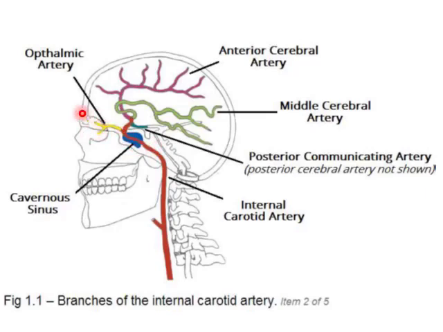We said that it supplies the orbit, the frontal and ethmoidal sinuses, the forehead, and part of the scalp through the supraorbital and supratrochlear arteries. The two other terminal divisions of the internal carotid are the anterior cerebral artery and the middle cerebral artery. Along with the posterior communicating artery, we said this branch communicates with the posterior arterial system, the vertebrobasilar system.